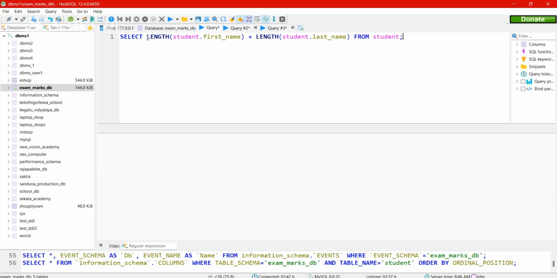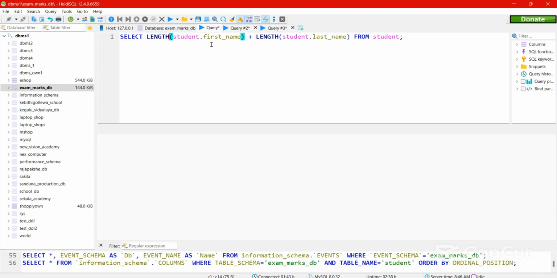If you see here, we have used a new keyword called length. We use this keyword to find out the characters in a particular value. In this case, we have used the keyword length, and inside the brackets we have given the student's first name.